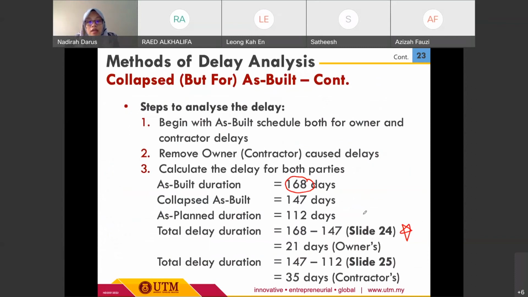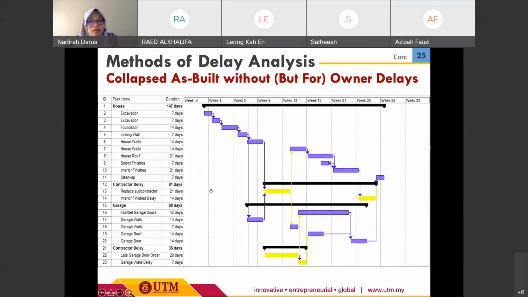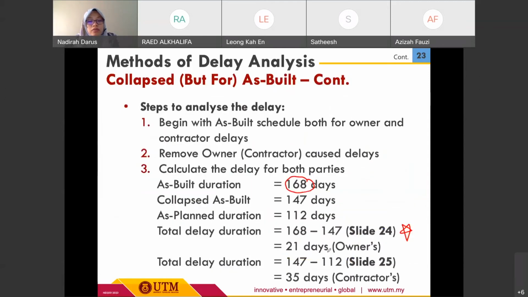And if we do the other calculation by taking this 147 minus the S-plan duration, 112, which refers to the previous S-plan duration, we have 35 days for the contractors.